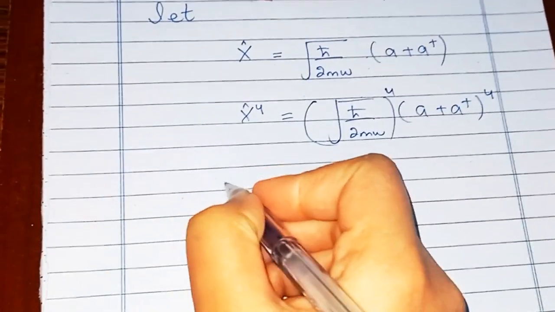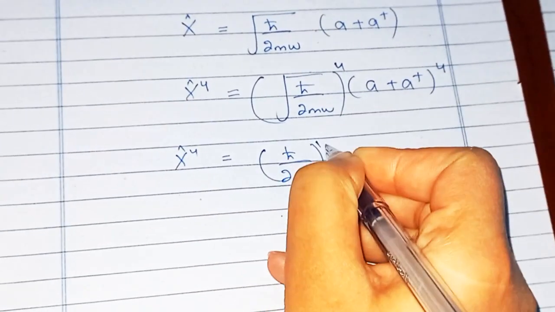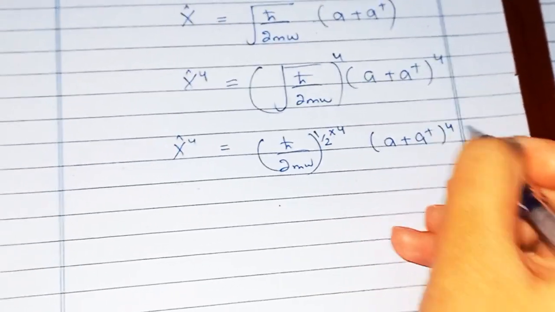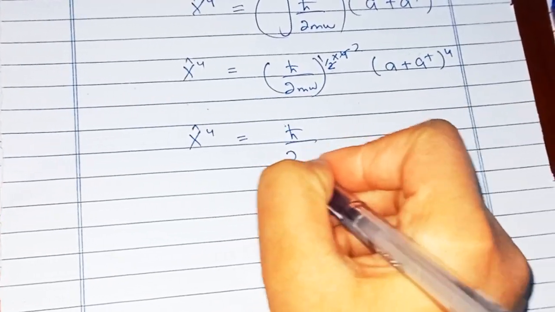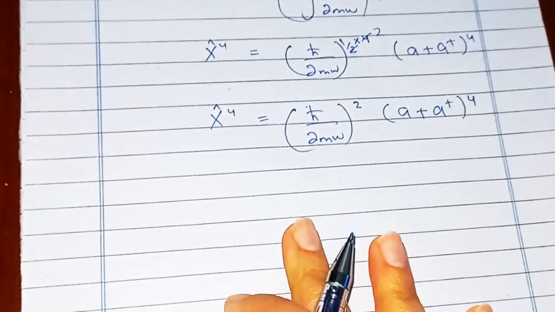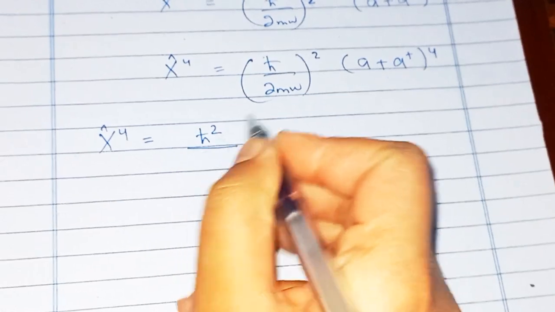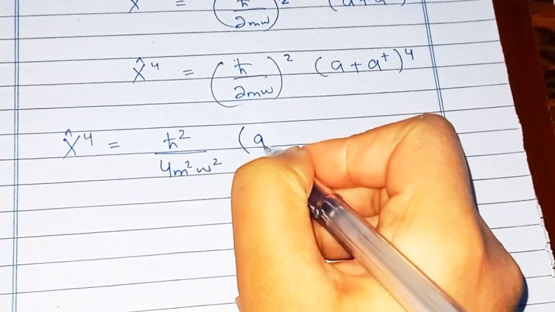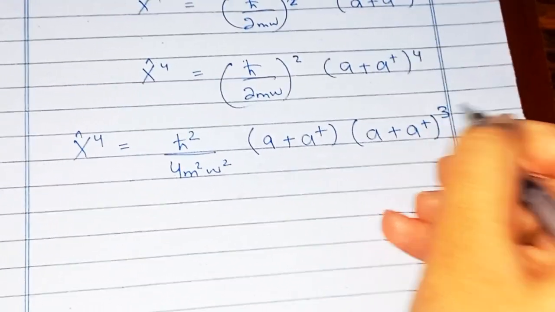The square root of h cut by 2m omega is the power 1 by 2, and multiplied by 4 powers gives h cut by 2m omega whole squared, times (a plus a plus) to the power 4. Opening up the square, this is h cut squared over 4m squared omega squared, and we can write the expression as (a plus a plus) times (a plus a plus) whole cube.